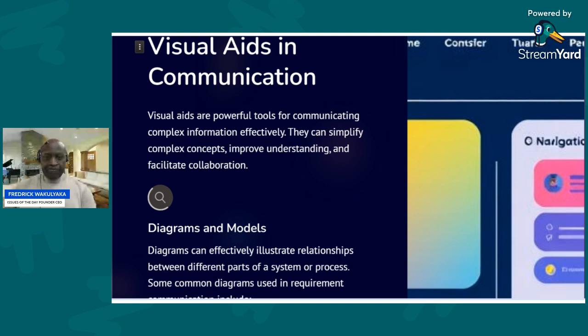Visual aids are powerful tools for communicating complex information effectively. They can simplify complex concepts, improve understanding, and facilitate collaboration.